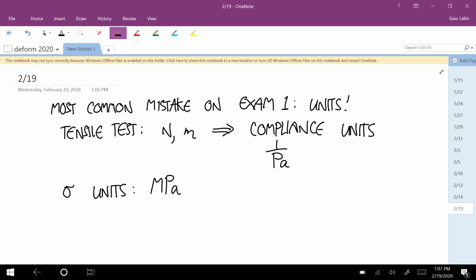That doesn't mean that you can multiply any units together to get this unitless value. So be sure that if you're dealing with pascals in one thing, you get the other one in pascals or megapascals or whatever. People were getting strain values on the order of 10 to the minus 10 or something instead of 10 to the minus 4. You're off by a factor of 1,000,000, which is a lot. If you're off by a factor of 1,000,000, your results are not very useful.